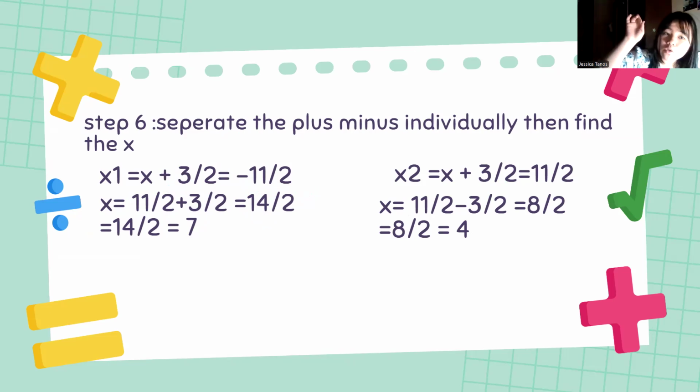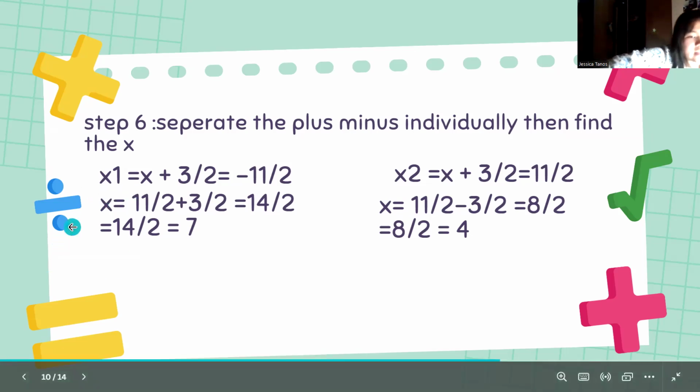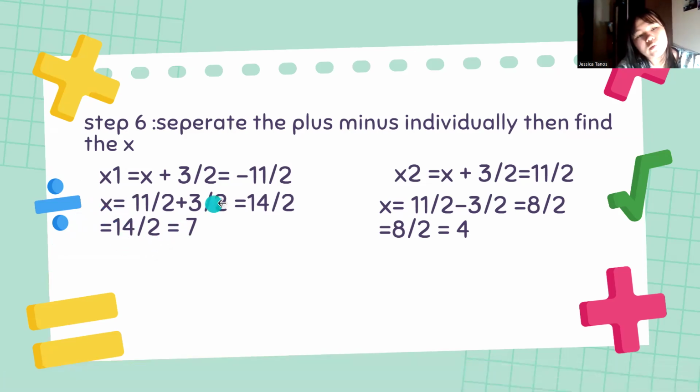Negative 11 and negative 3 over 2, negative and negative make a positive. So x equals 11 over 2 plus 3 over 2, which is equal to 14 over 2.